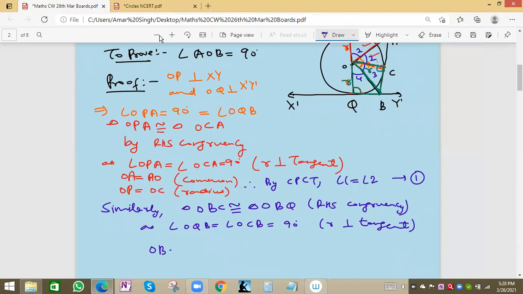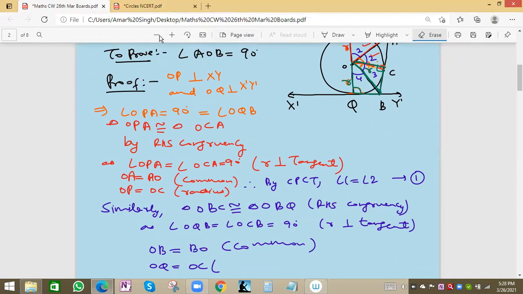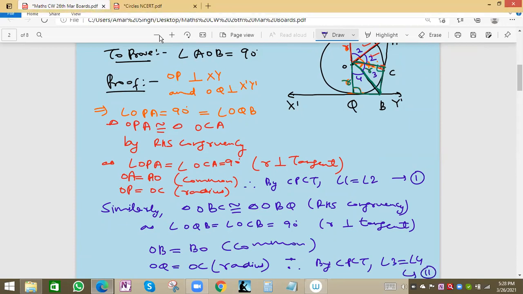Then OB is equal to BO, common side, and OQ is equal to OC equal to the radius. OQ equal to OC, we can see in the diagram. This is the radius value. So by CPCT, corresponding parts of congruent triangles, angle 3 is equal to angle 4. This we can take as equation 2.